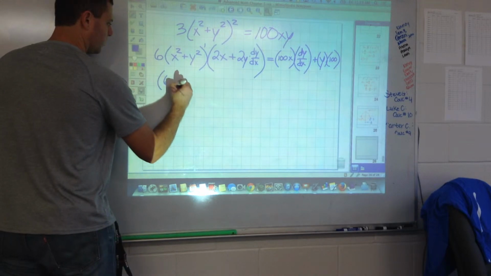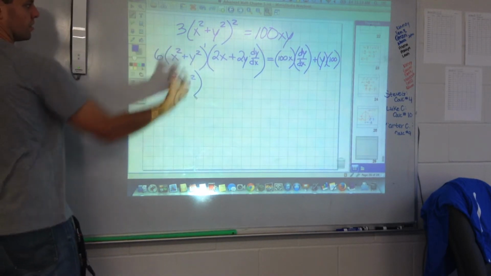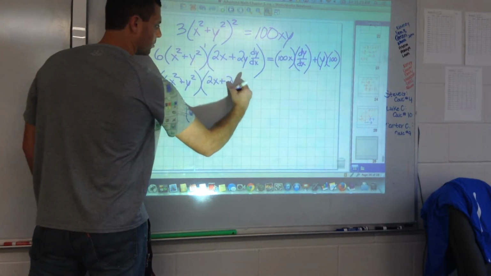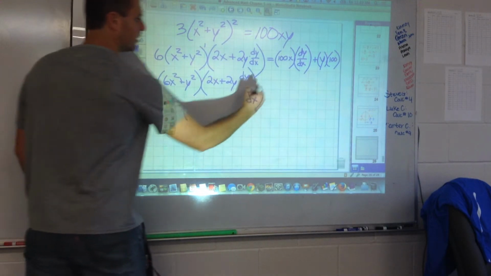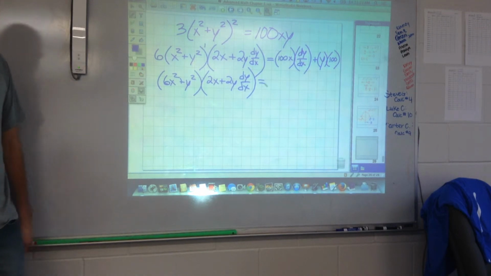So, this would be 6x squared plus 6y squared, if I distribute the 6, right? And then I still got this, 2x plus 2y dy dx. I just distributed the 6. I'm not going too fast. So wouldn't it be 6y squared here?